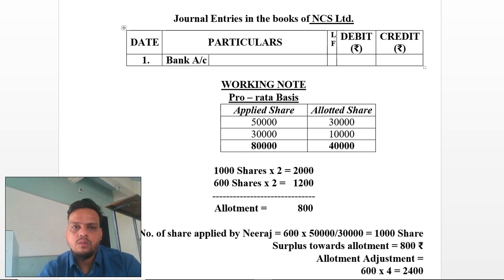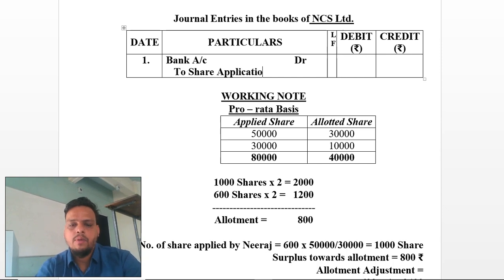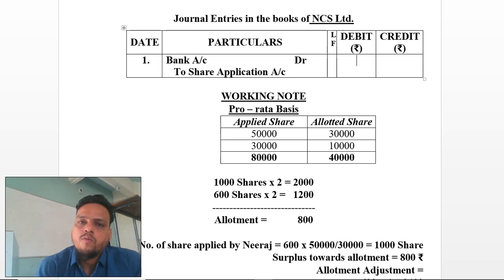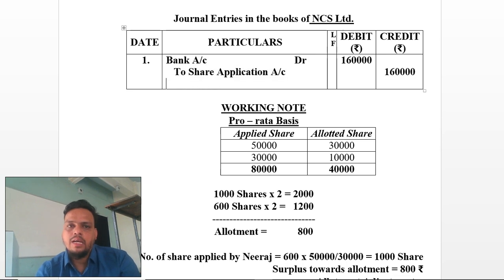Bank account debit to share application account. The amount for 80,000 shares, 80,000 multiplied by 2 is equal to 1,60,000. 1,60,000 rupees has been received by the organization.